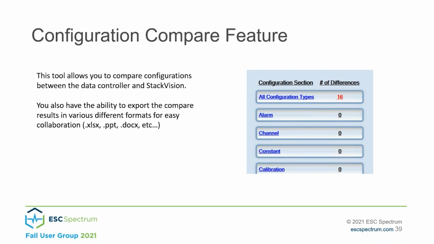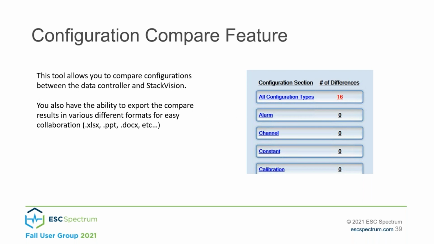It's a utility that is available when you're running StackVision later than 5.4. And just keep in mind, config compare is not designed to allow you to make configuration changes. It's just supposed to highlight to you the differences between what's in the 8864 and what's in StackVision.